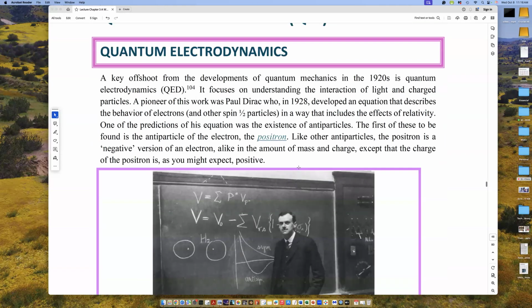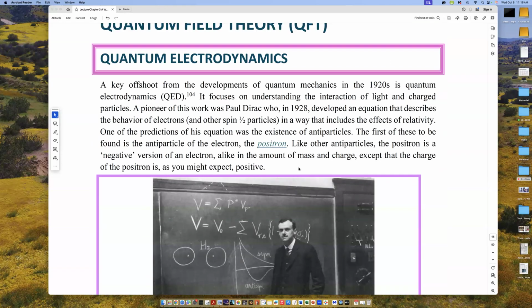And the idea is to understand how electrically charged particles interact with matter. Dirac was a pioneer in this, and in 1928, he produced an equation that actually appears in lecture 1. It's very elegant. It's the one that appears next to the nude sketch by Picasso.